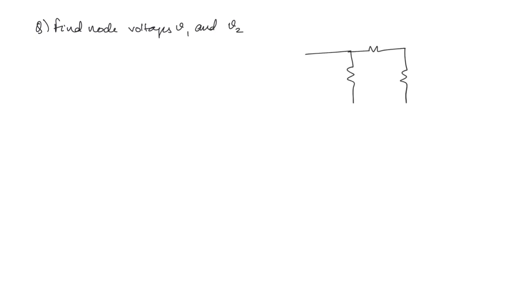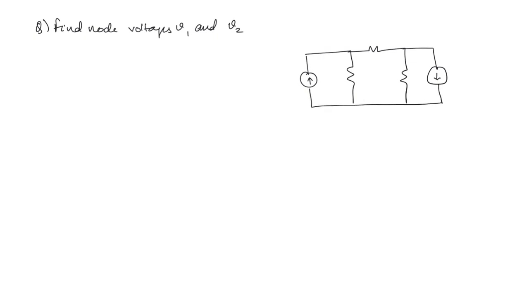So here we will take one example. Find the node voltages V1 and V2 from the following diagram. Here we have a resistor, here there is another resistor, and here you have a current source, and here also you have a current source.